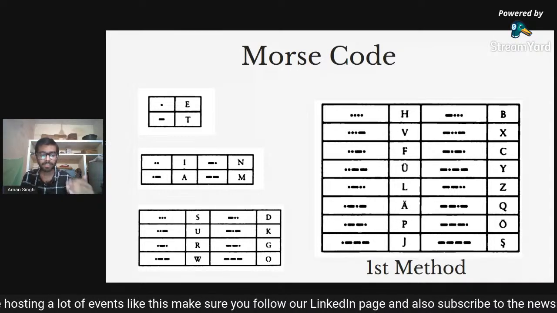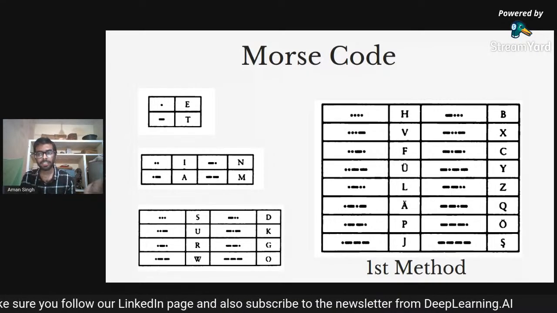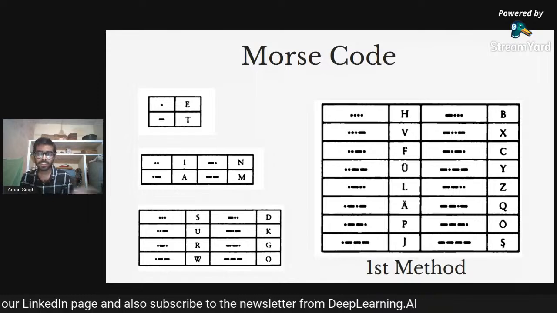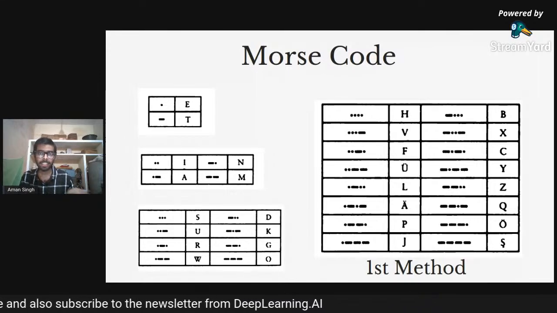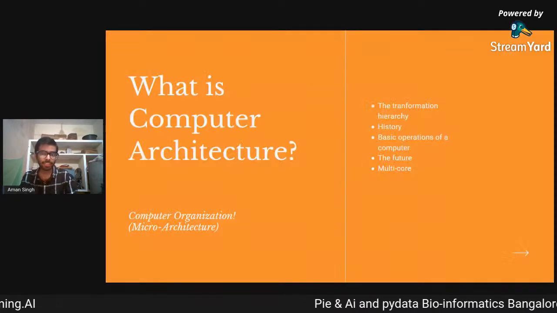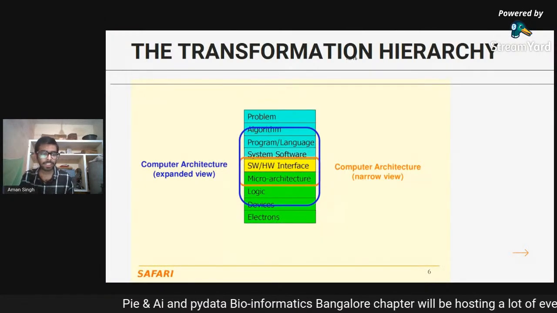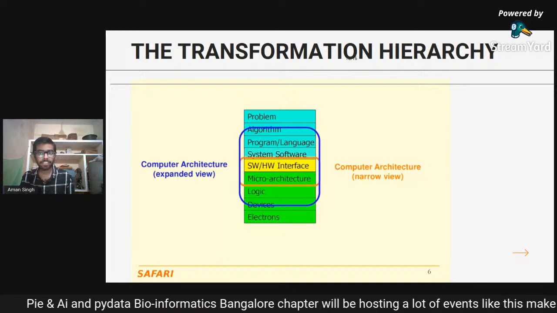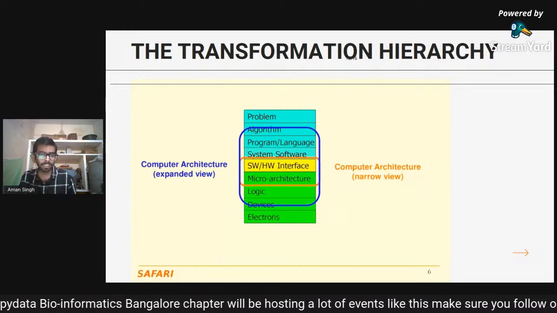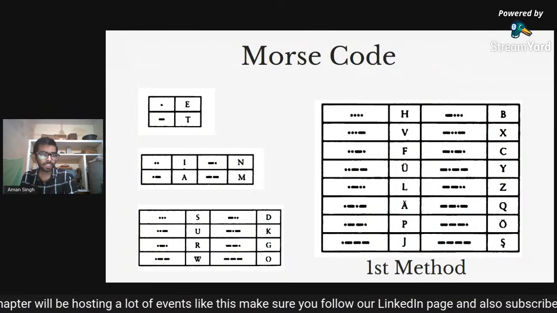Consider two buildings far apart, where one person is giving the signal and the other is applying an algorithm to get the output. Coming to the transformation hierarchy, that is the problem: he will give the signals and we have to convert them into output. Therefore, we'll design an algorithm for how we should do it.